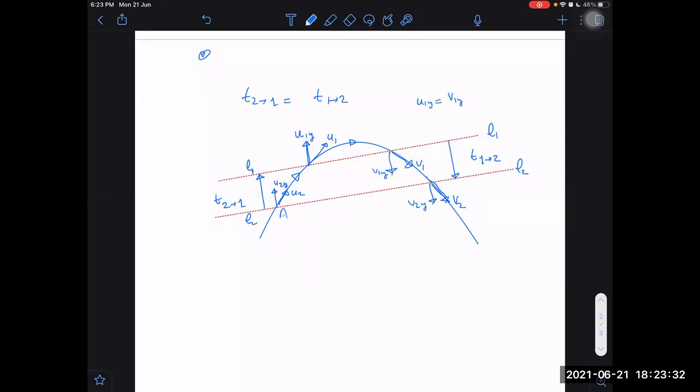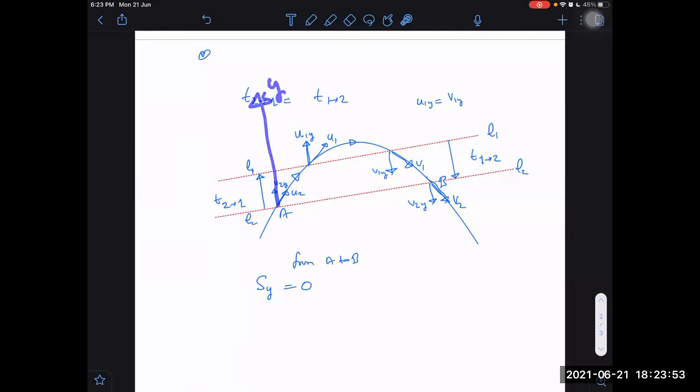Let me take first from A to B. What will be the displacement of the particle along the y-axis from A to B? Zero or not? You know what the y-axis is? This was the y-axis.